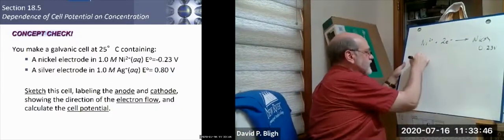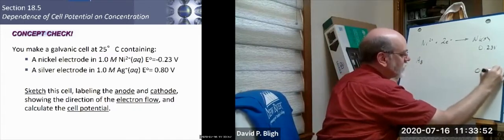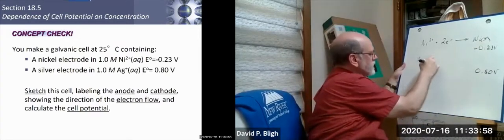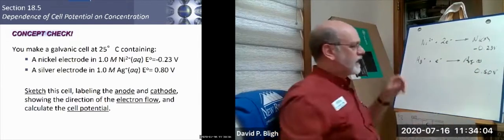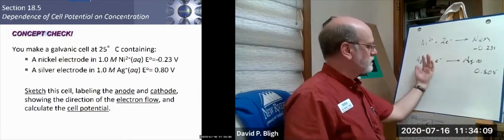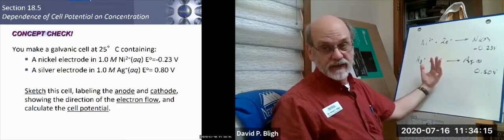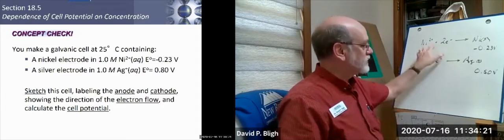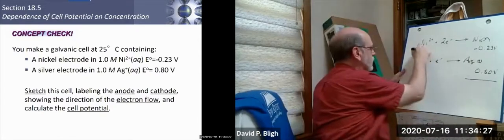And the standard reduction potential for silver is 0.80 volts. This one's minus. There we go. So this one is plus electron yields silver. All right, so which one's which? If we change this one negative, let's flip that one to make it the anode, then we're going to get a negative, and that means it's just the opposite. So we leave that one alone and change that one. That makes this positive, and then you add them together.